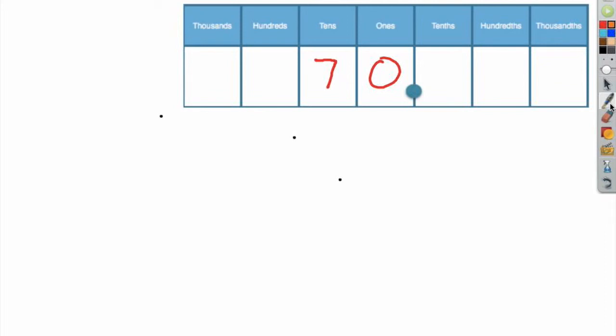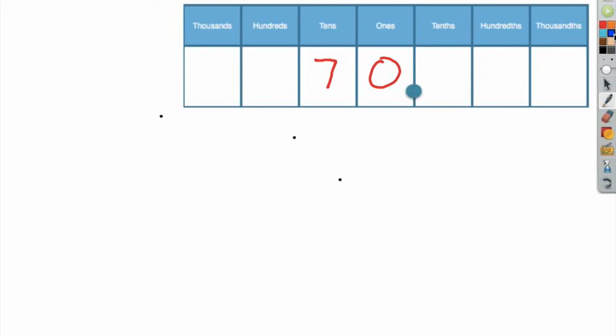What would the equation say? One times 10? 1 times 10 would be 10, but what if I want to get to 70? 1 times 7?